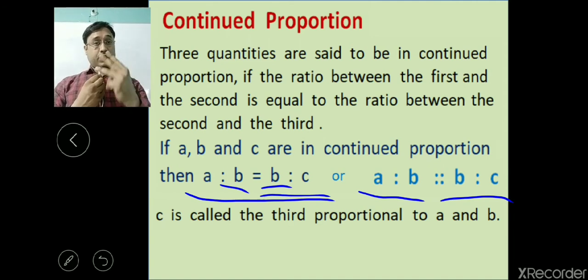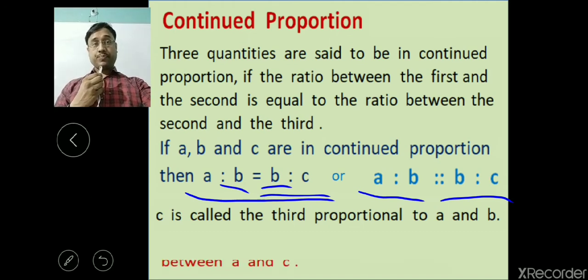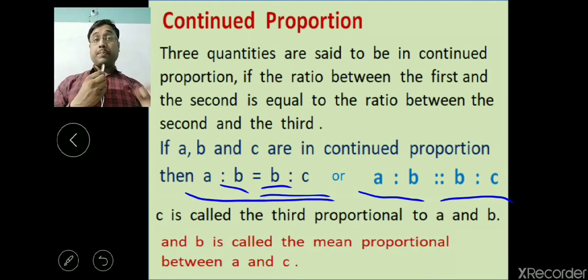If three numbers A, B, C are in continued proportion, then C is called the third proportional to A and B, and B is called the mean proportional because it is just in the middle. So B is called the mean proportional between A and C.